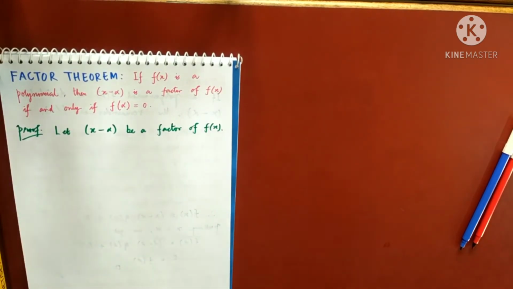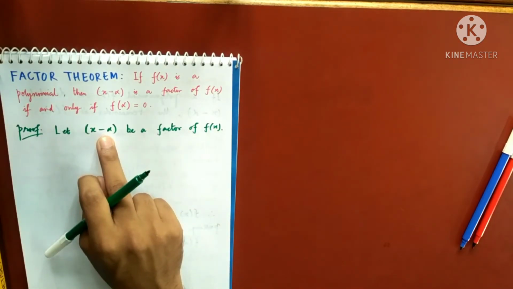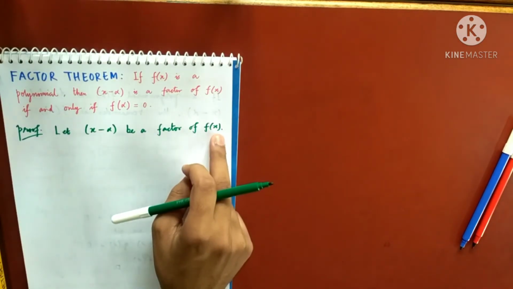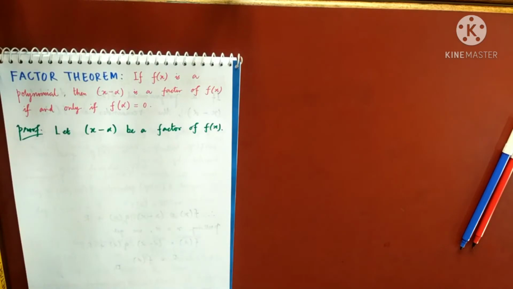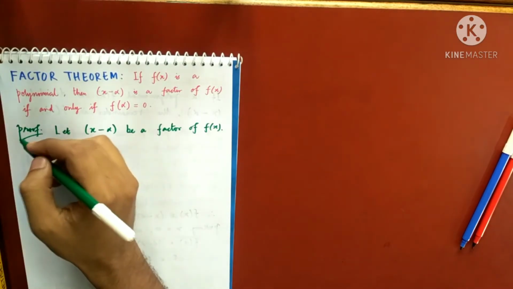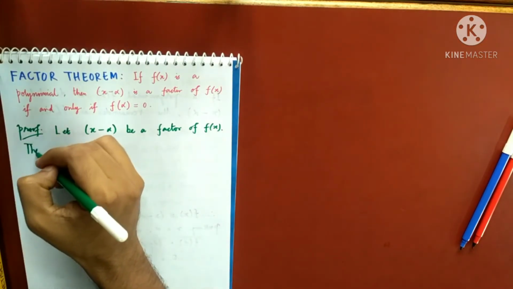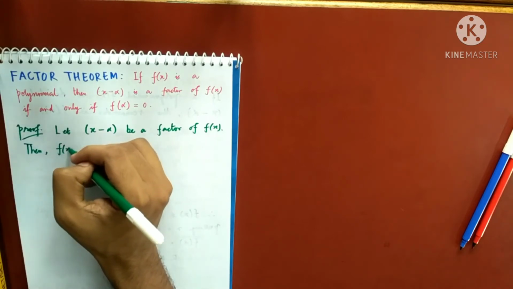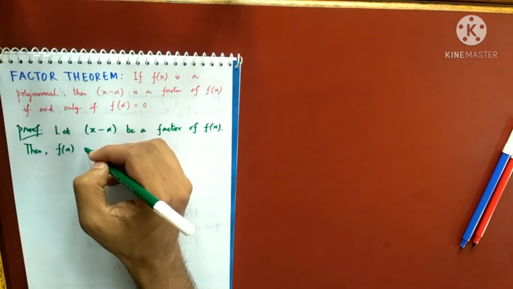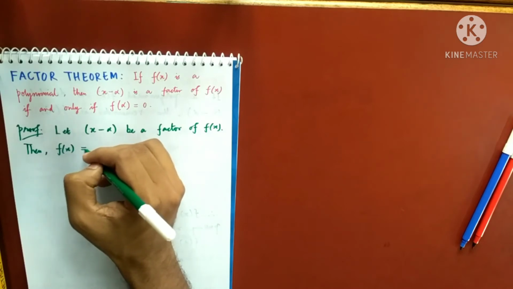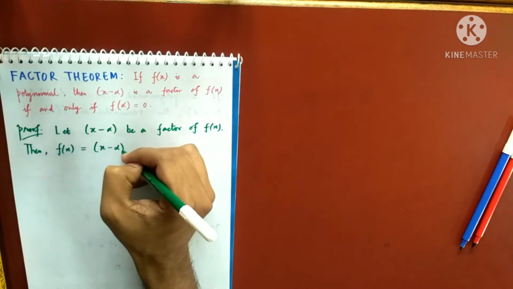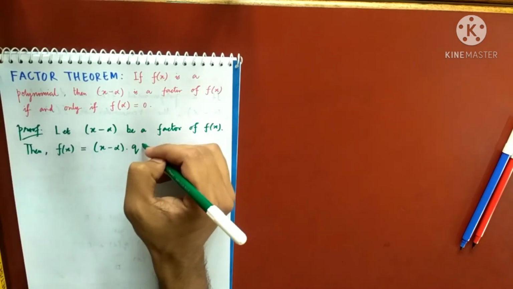Now you remember that because I am assuming that this is a factor of f(x), the remainder is 0. That means f(x) can be expressed as (x minus alpha) times some quotient polynomial q(x).